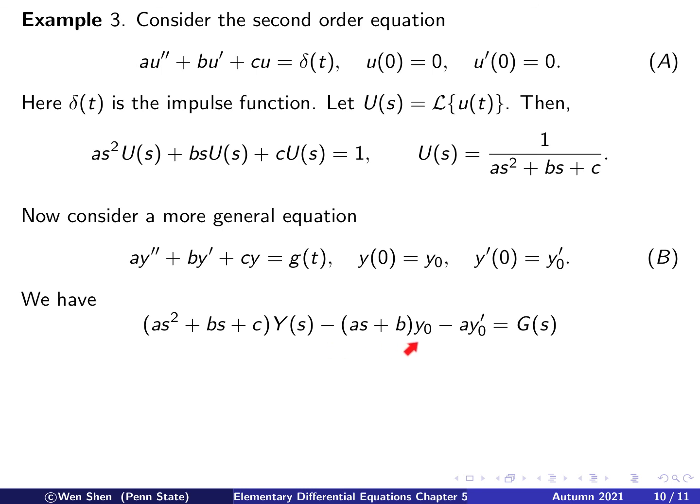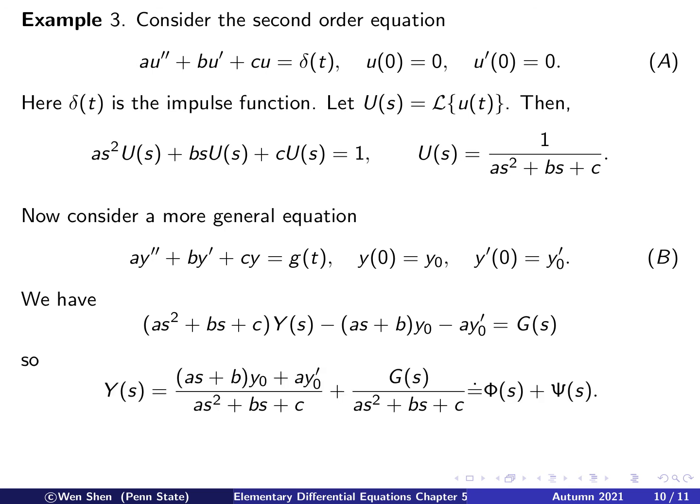Now we can move these terms to the right hand side and solve for Y of s. We see that we'll have this part moved to the right hand side, divided by the characteristic polynomial. That's the first part of the solution, and the second part is this G of s divided by that polynomial.